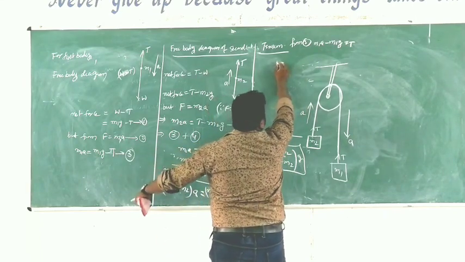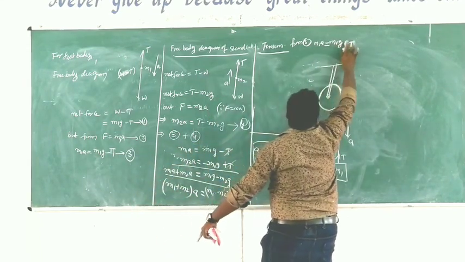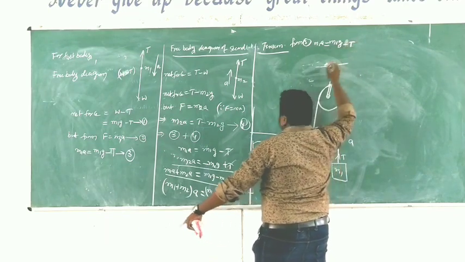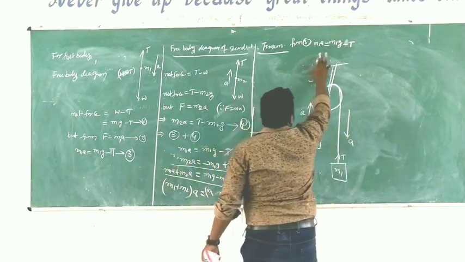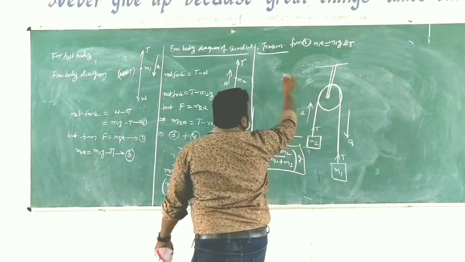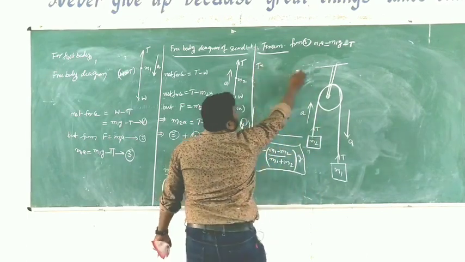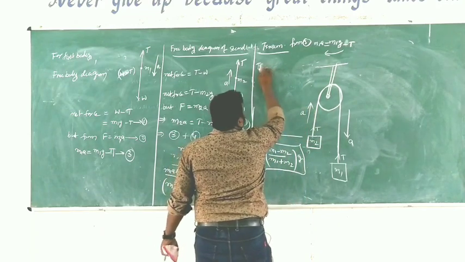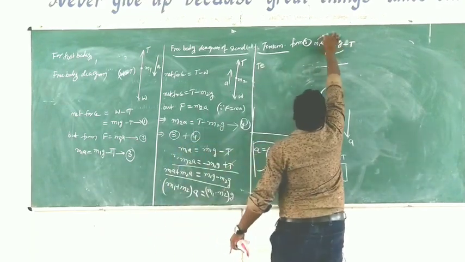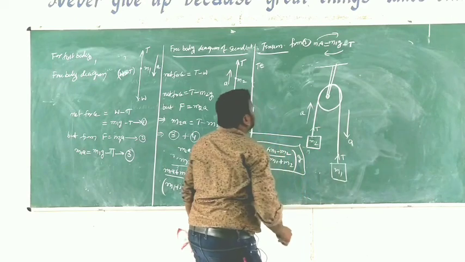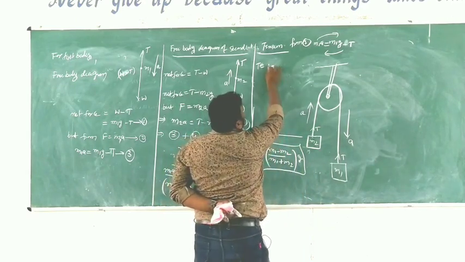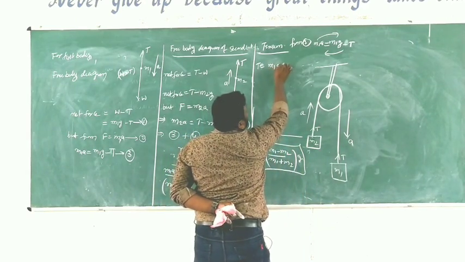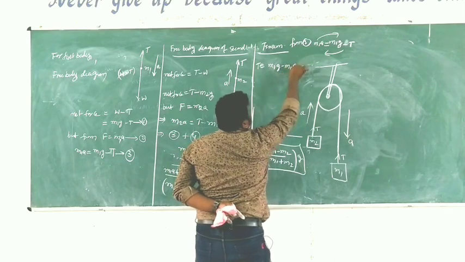M1A is equal to M1G minus T. From that we can write T is equal to what? I am bringing this to this side. Then T is equal to, and take this term that side. Then T is equal to M1G minus M1A.